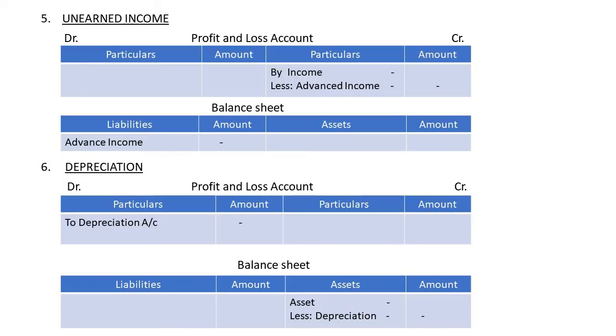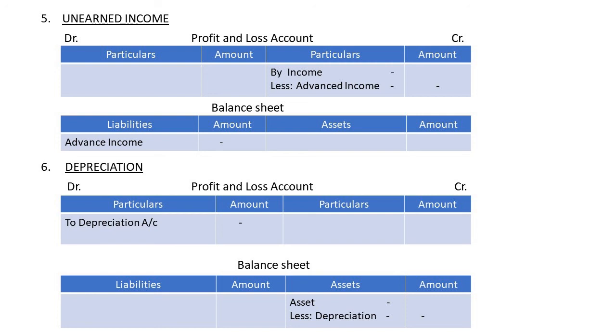Next is unearned income. Sometimes we receive the whole amount together, but a part of it doesn't belong to this year. As it doesn't belong to the current year, it will be deducted from that particular income on the credit side of P&L account, and secondly, it will be shown as a liability in the balance sheet. Next is depreciation.